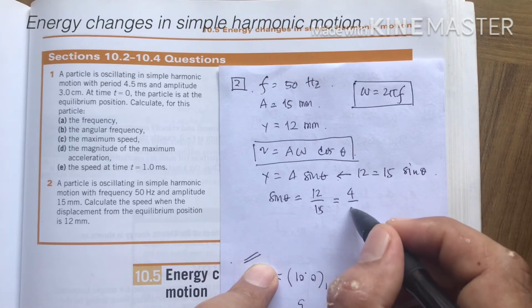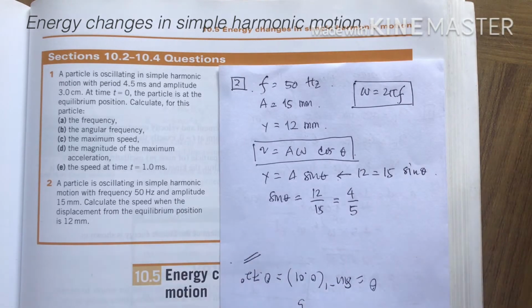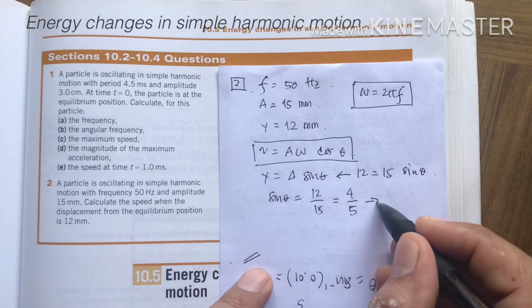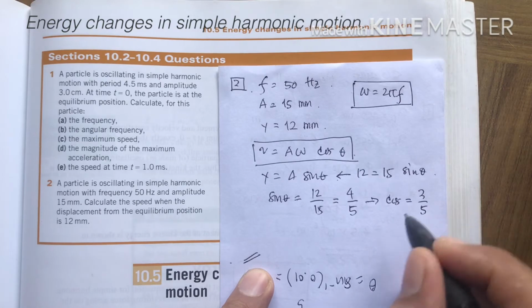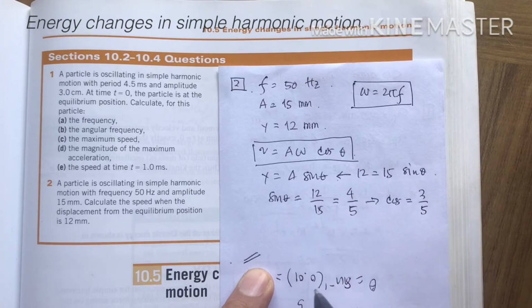This is the same as 4 over 5. What is cos? You can find that cos theta is 3 over 5.